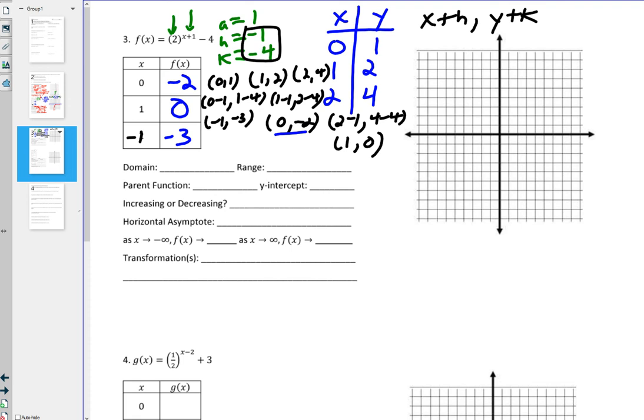Very good, it's going to be at Y equals -4. So let's put -4, asymptote, plot our points: 0, -2, 1, 0, and -1, -3.